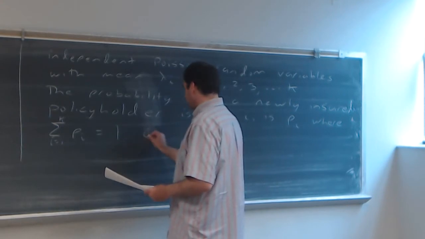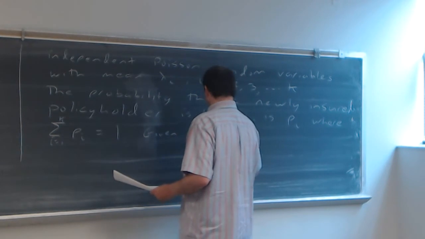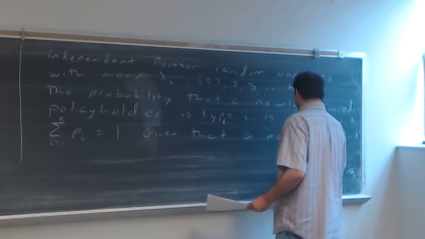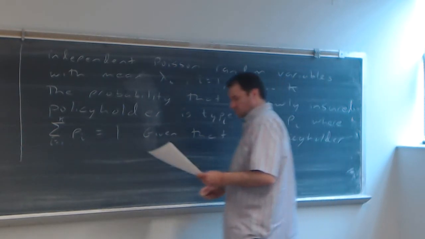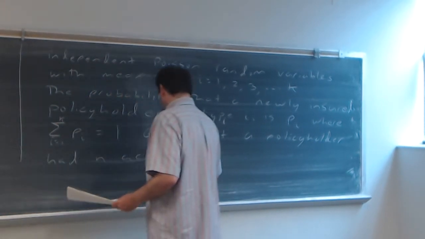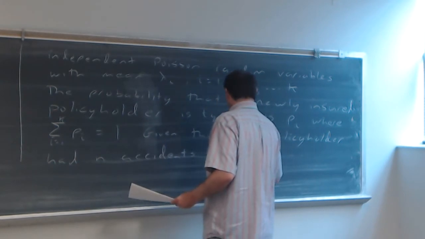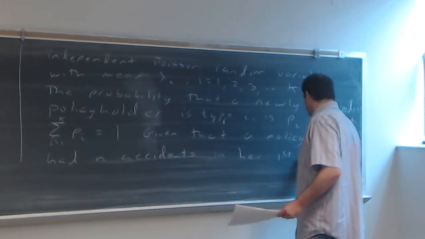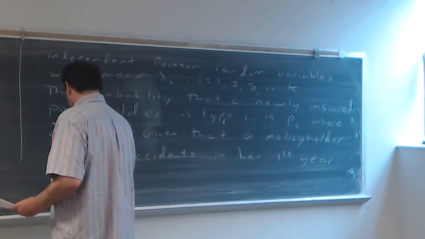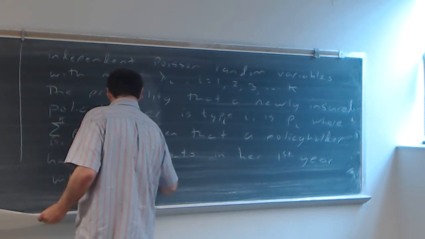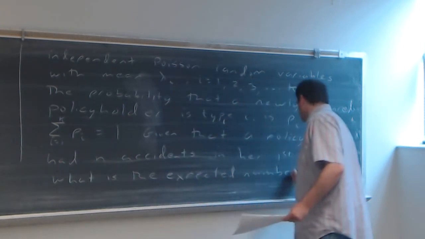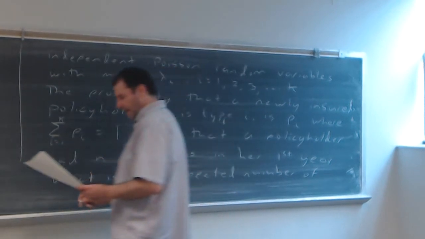Given that a policyholder had n accidents in her first year, what is the expected number of accidents in her second year?